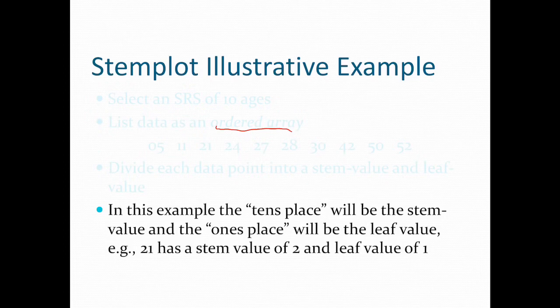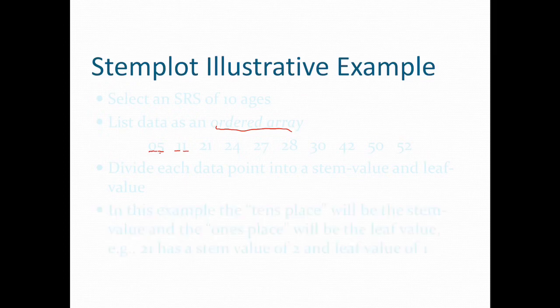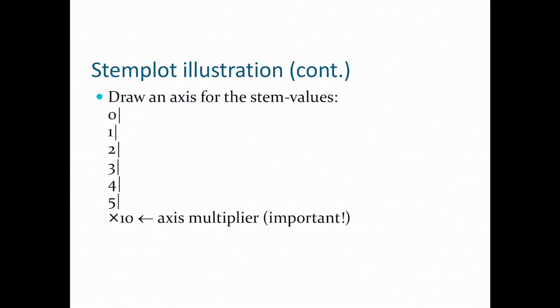So remember, you have your ones and then your tens place for each significant figure. Here the tens place will be the stem value and the ones place will be the leaf value. So as an example, if we had the value of 21, the stem will be 2 and the leaf will be 1.